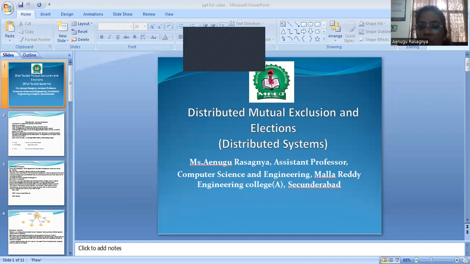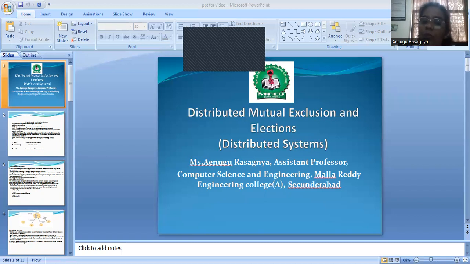We also need to calculate the synchronization delay. The synchronization delay arises when the old site, the process which is already in the critical section, wants to leave it, and there is a time gap before the new site which wants to enter the critical section can enter. That time gap between the two sites causes a delay, which we call the synchronization delay.